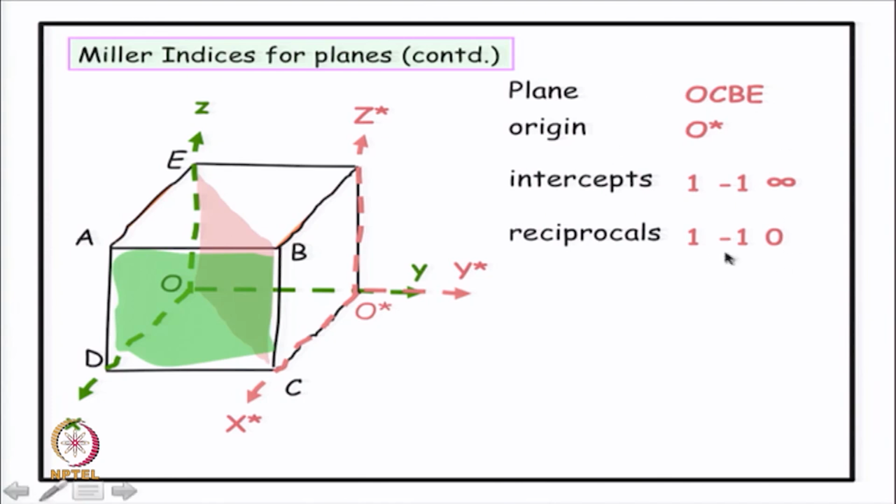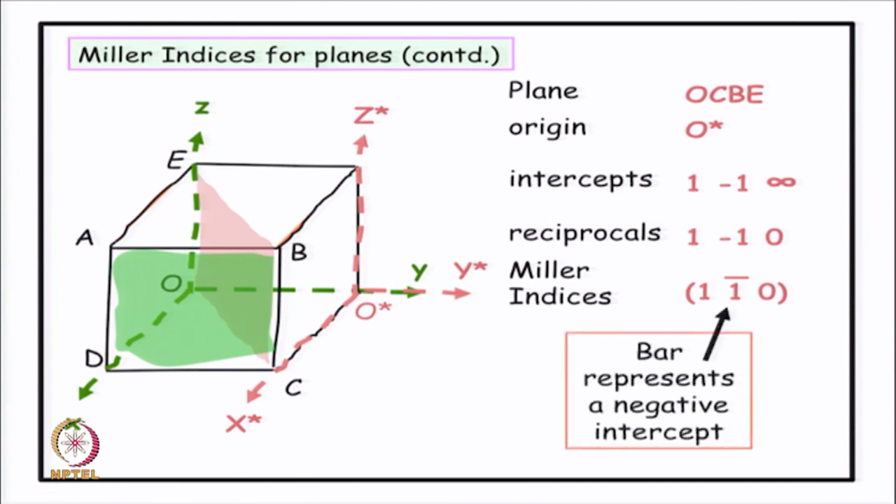So, we get 1, minus 1 and infinity, the reciprocal of which is taken as 0. We now put the Miller indices into round brackets, and just like for the direction, we write the minus as a bar over the number. So, wherever we have a bar, it means we have a negative intercept.